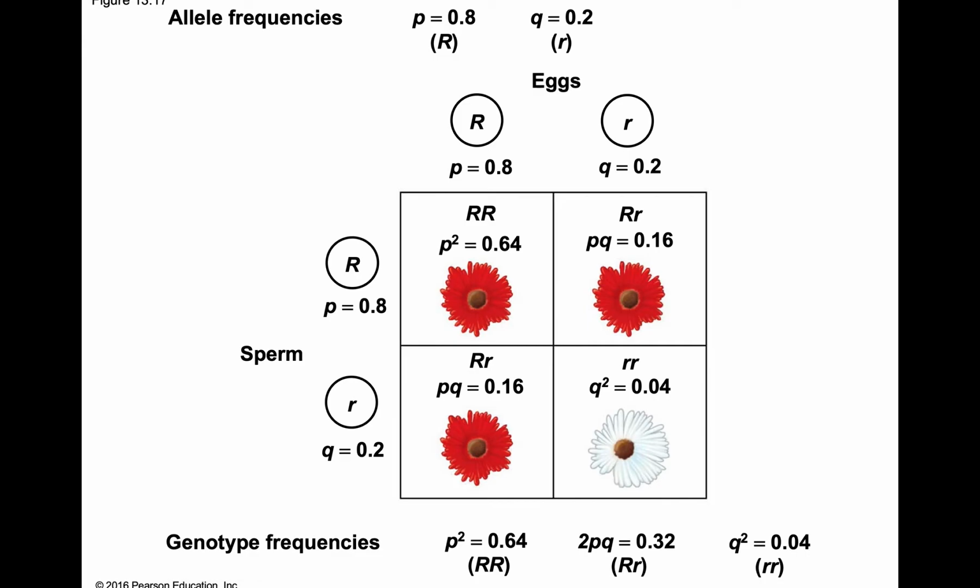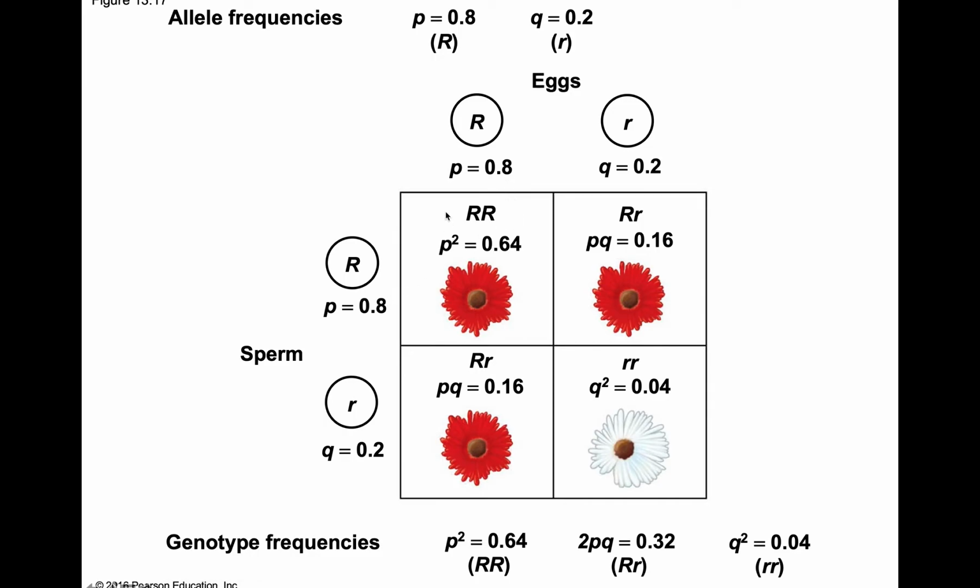Now, of course, we have the sperm, which is the male part, and we have the eggs, which is the female part. What they've done is basically a Punnett square. Remember, in a previous chapter, we had Punnett squares before. So this is basically a Punnett square on steroids. And what we have here is a frequency of P for the capital R, which was 0.8.